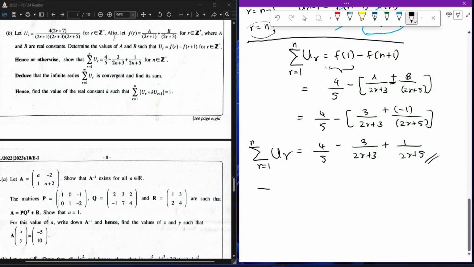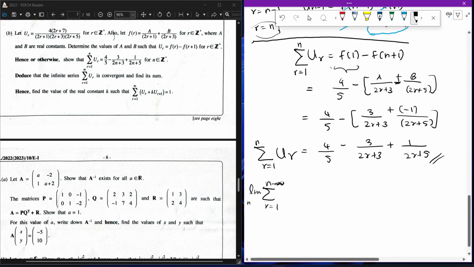So when n reaches infinity, n goes to infinity, we can say the limit of sigma ur, the limit as n goes to infinity.